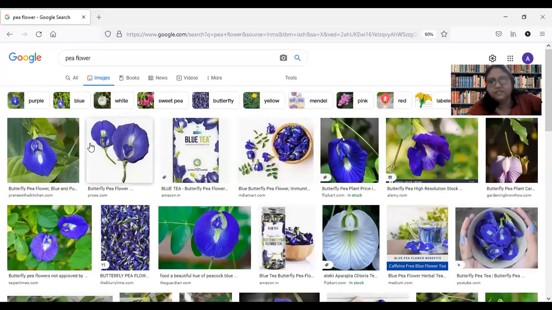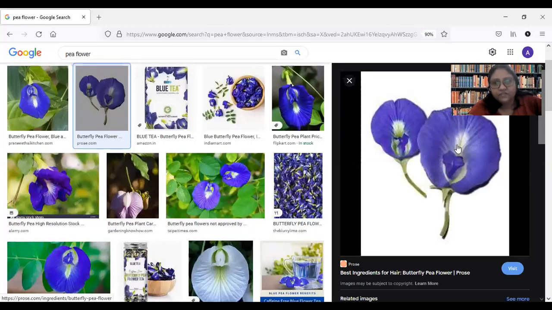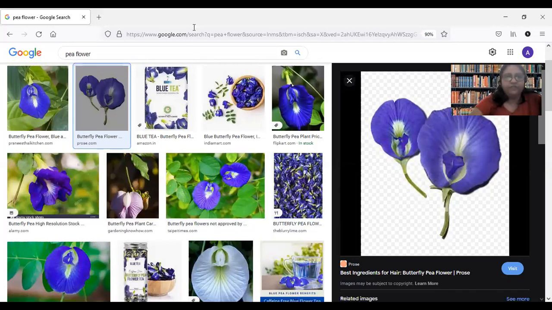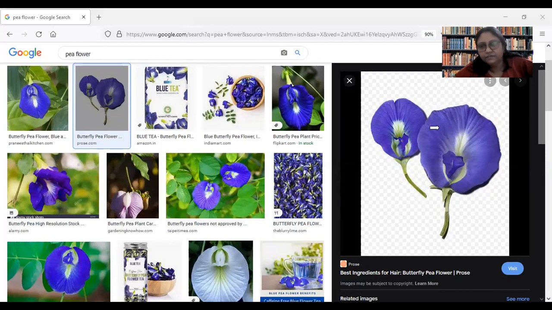So this is the structure. You can see this upper flower petal is big. This upper petal is a big one. Can you see my marking? Yes, ma'am. Like a flag or a fan.